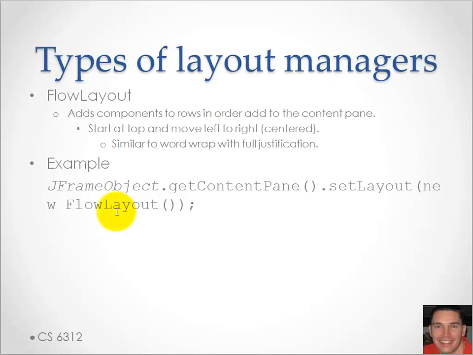Here's a flow layout manager, which adds components to your content pane in the order that they were added to the content pane in a left to right fashion, then it wraps them around. If we were to set a particular layout manager, we need to get our content pane, set the layout, and then we pass in the type of layout manager object that we're going to use.